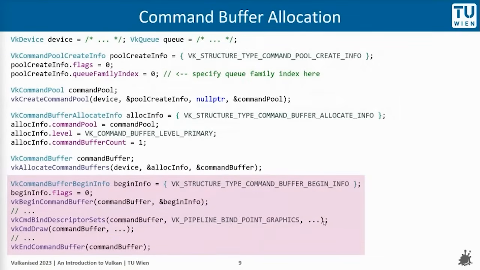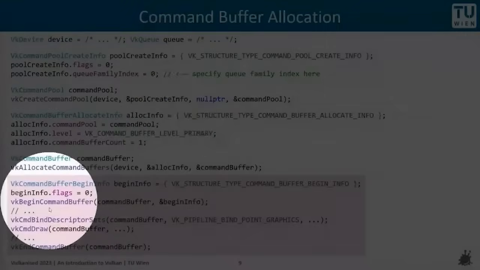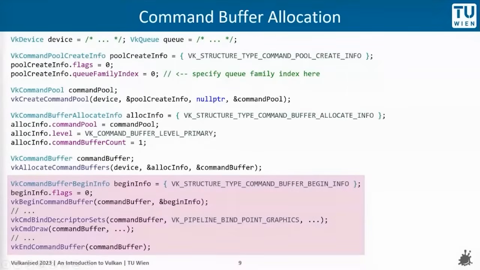So this is what we already know, at least a part of it, namely the part in the middle, command bind descriptor sets and command draw. But now we see also the calls to begin command buffer and end command buffer. So between begin command buffer and end command buffer, we can record all those draw calls or other calls.